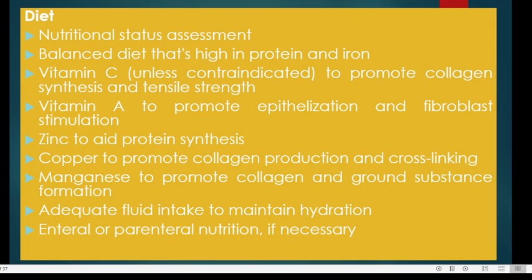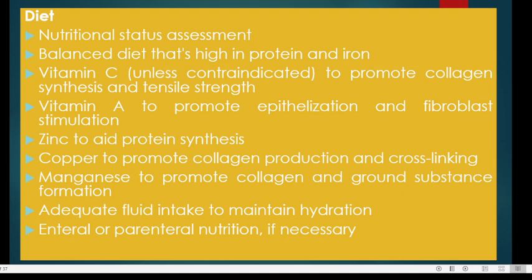Okay. So we look at diet, guys. For diet, you normally do a nutritional status assessment. We have a balanced diet that's high in protein and iron. Vitamin C, unless it's contraindicated, is normally used to promote collagen synthesis and tensile strength. Vitamin A is used to promote epithelialization and fibroblast stimulation.